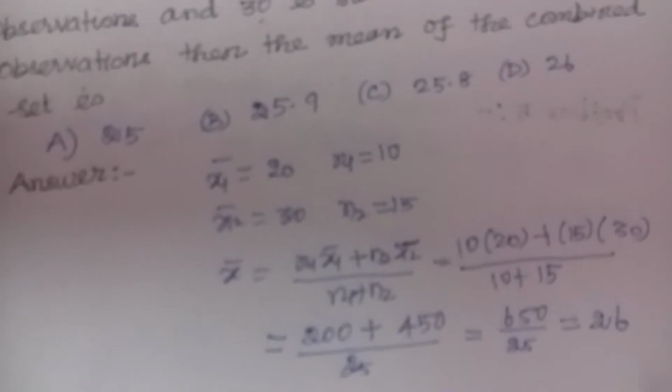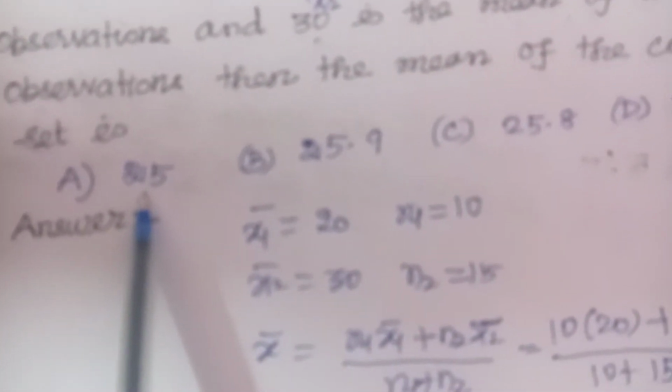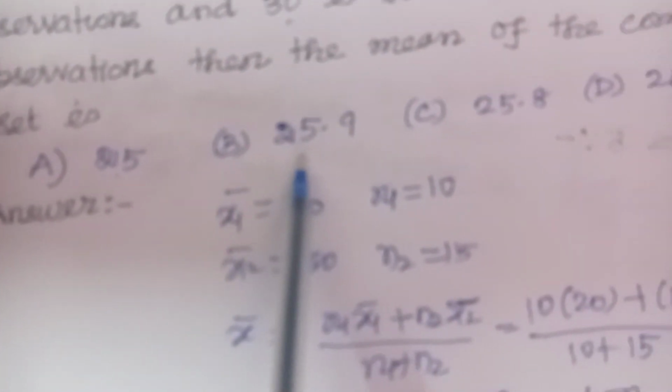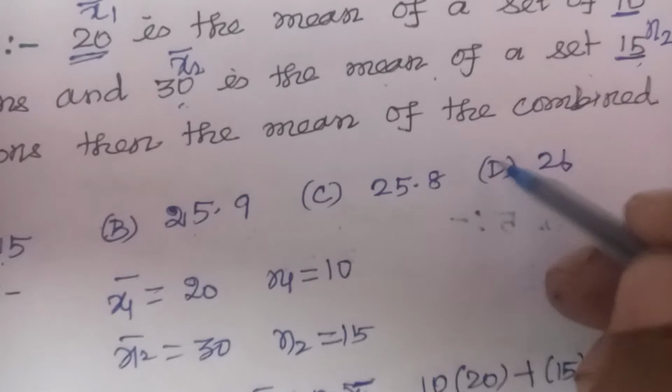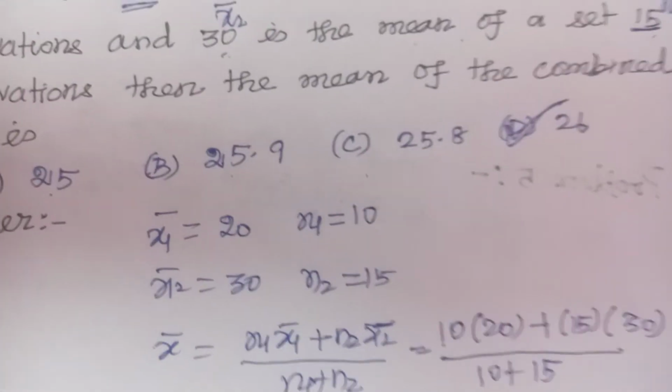Right? Now in our options, 25 no, 25.9, 25.8, no, 26 is our answer. Therefore 26 is the correct answer. Right. Go to the next problem, number 3.